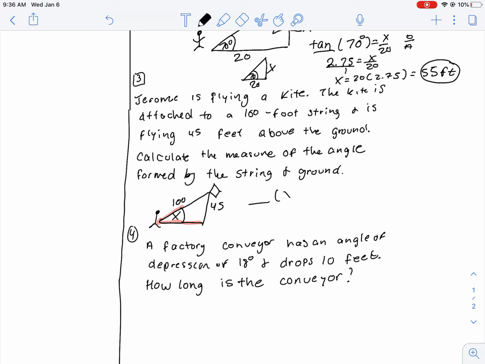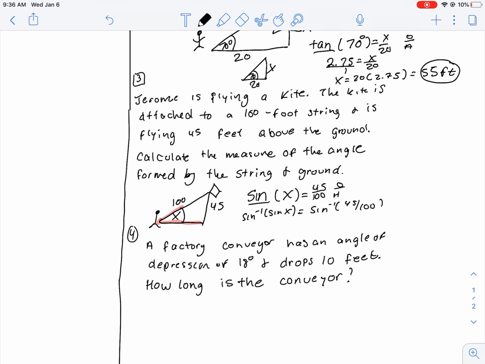So we don't know the angle now. We do know that the opposite to the x is 45, and that the hypotenuse is 100. So what is opposite over hypotenuse? Well, that's the sine. Now this time, because I'm trying to find a missing angle, do I use regular sine or inverse? I'm going to use the inverse sine for both sides.